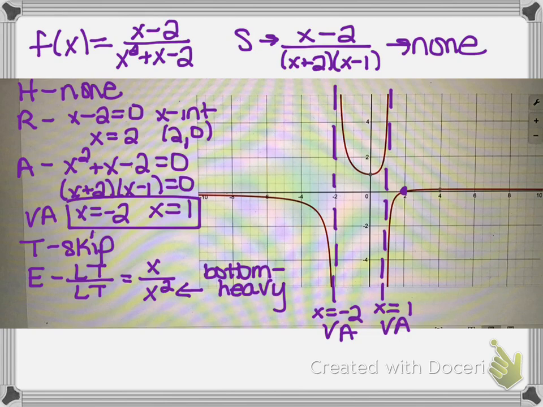And all bottom-heavy equations have a horizontal asymptote at the same place. They all have a horizontal asymptote at y equals 0. All bottom-heavy equations do. Once again, next year you're going to discuss with your teachers and classes that there are some other behaviors that these leading terms would tell us.